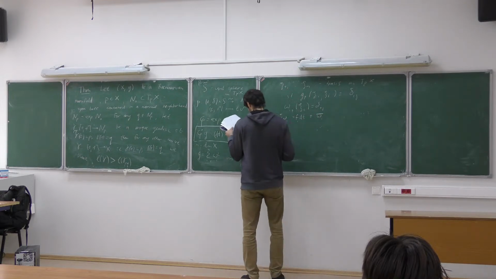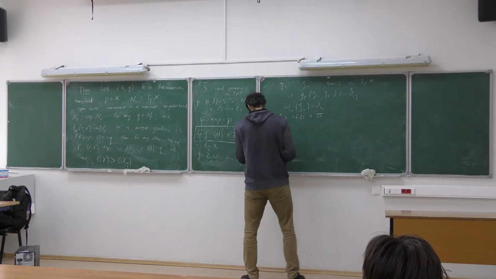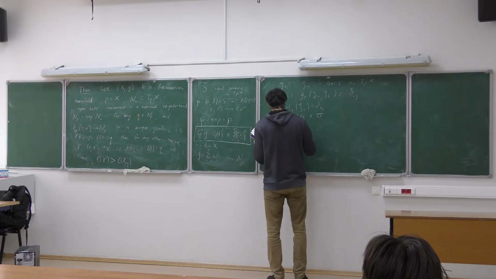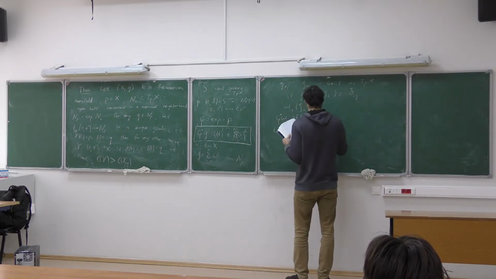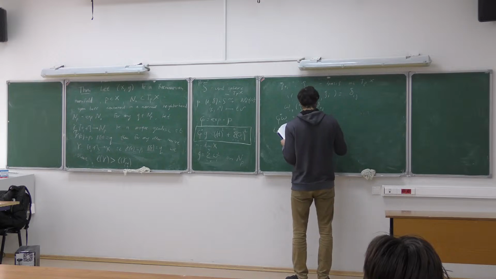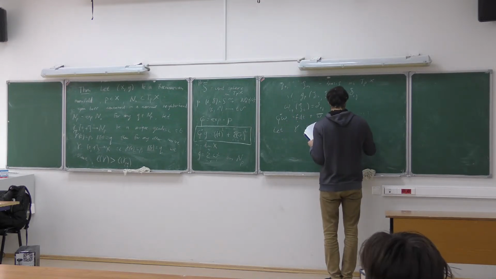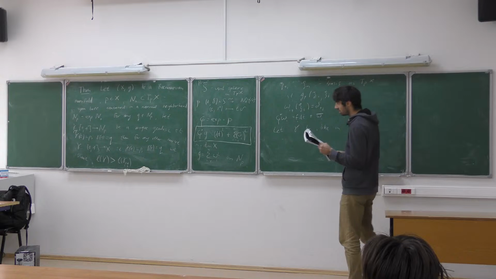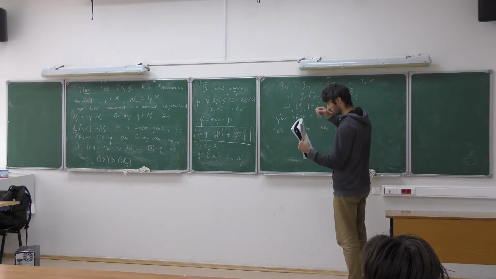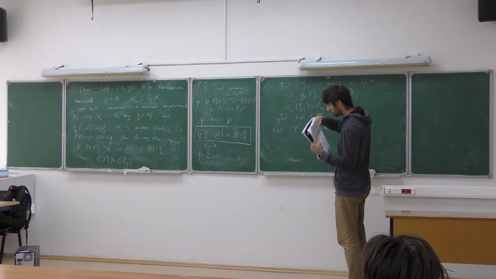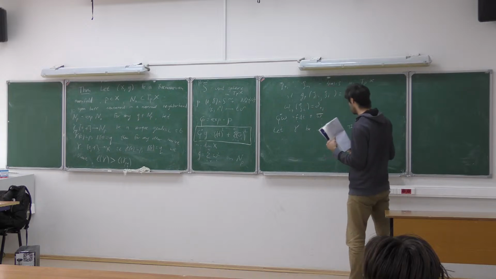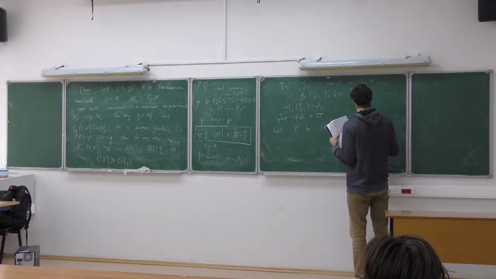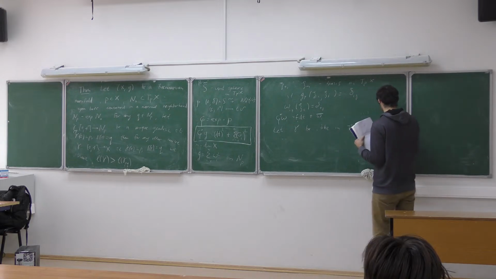So let gamma be like in the formulation of the theorem: I fix my two points P and Q, gamma of 0 is P, gamma of 1 is Q, and gamma is a curve from [0,1] to N_P first.